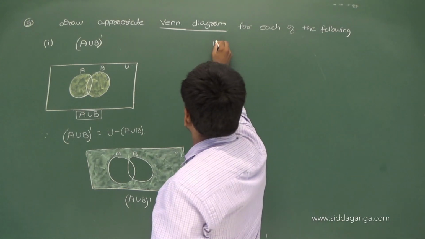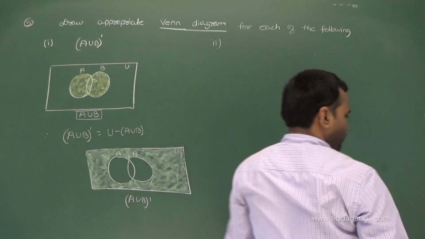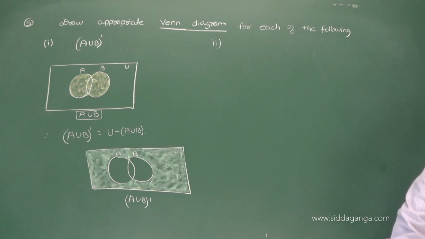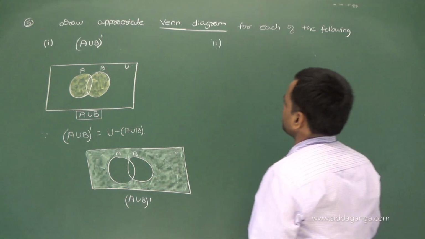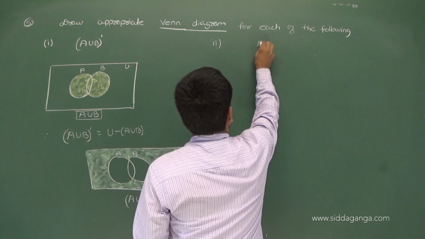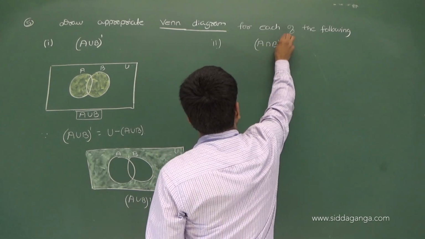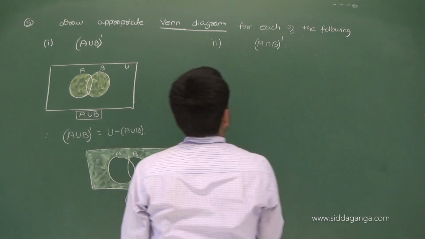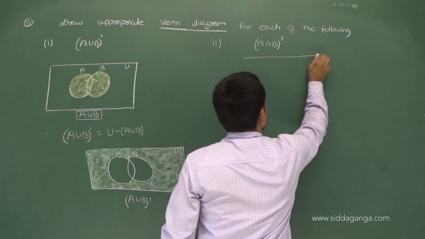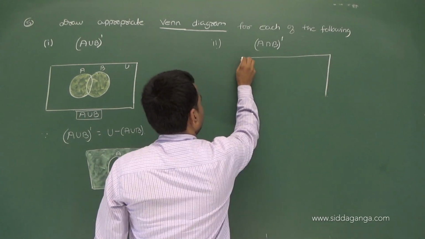Second problem, A intersection B, (A intersection B)'. For that, what do we do?